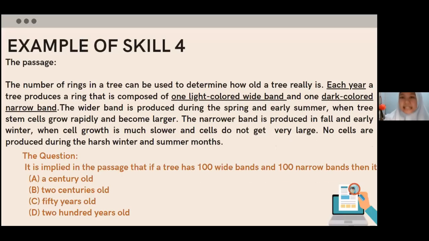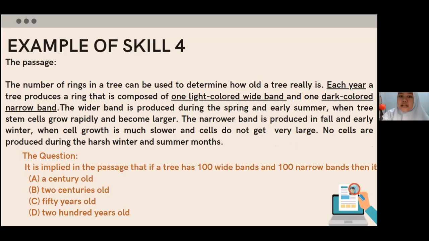Okay, you can see and read the passage in here. And the question is, it's implied in the passage that if a tree has 100 wide bands and 100 narrow bands, then it is... First, you have to find the keyword, and the keyword is wide bands and narrow bands.